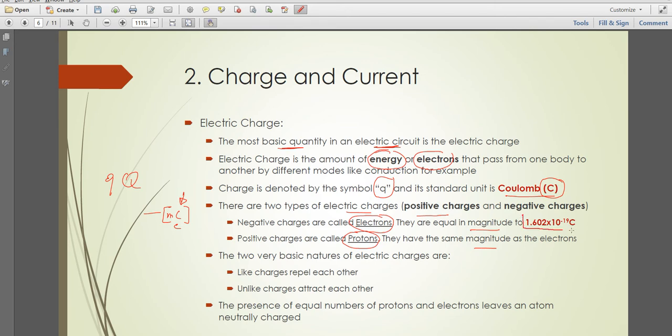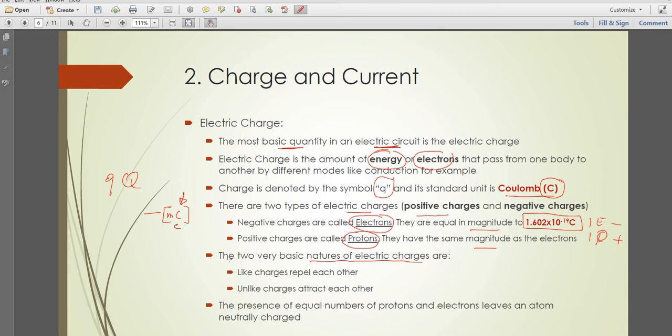This is the magnitude of one electron or one proton. Doctor? Yes, sir. Plus for the proton and negative for the electron, yes? Yeah, sorry, I have to reverse this: minus and plus here.